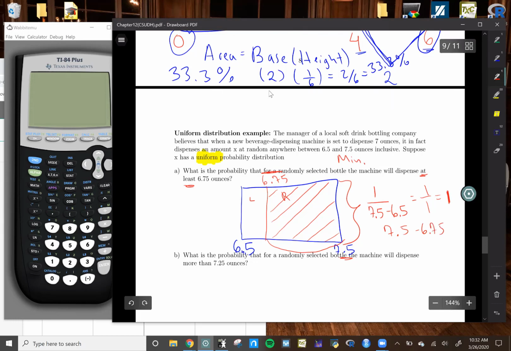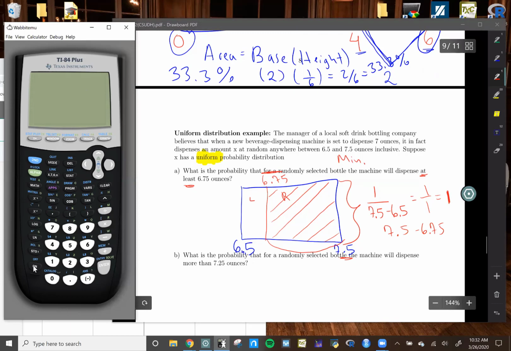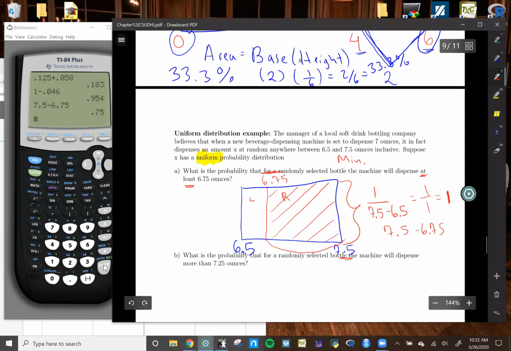I'm going to do that over here with my calculator. We'll turn it on. 7.5 minus 6.75, and we get 0.75. So this is 0.75.